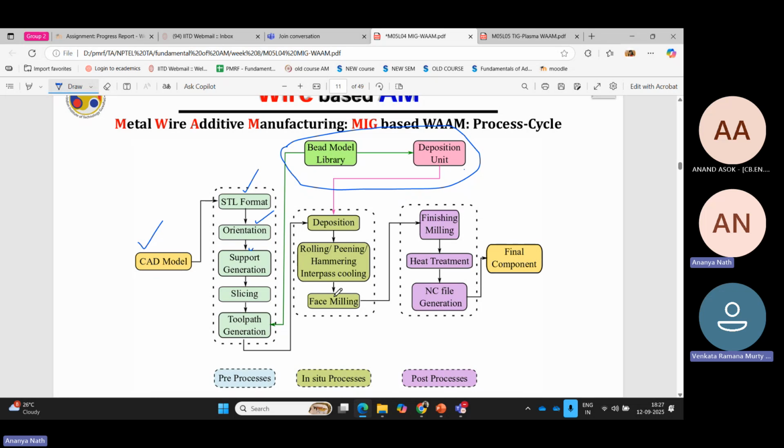I can even give you the values. For example, if you take stainless steel or some mild steel, it will be more than 1500 degrees.